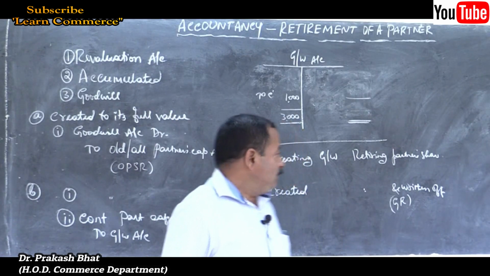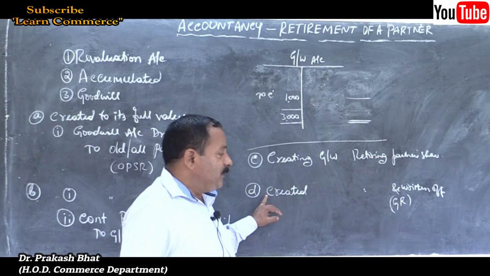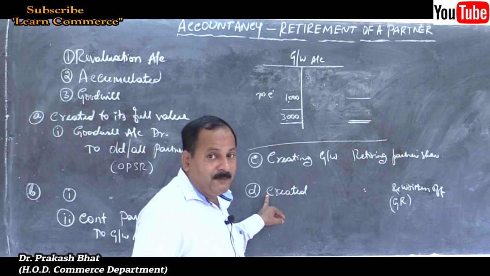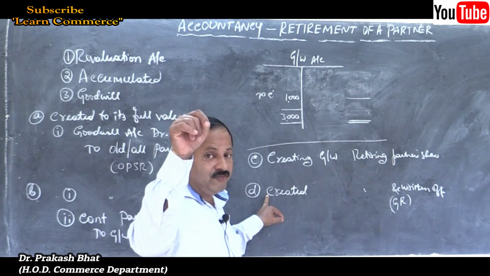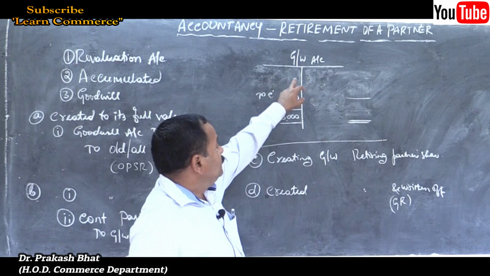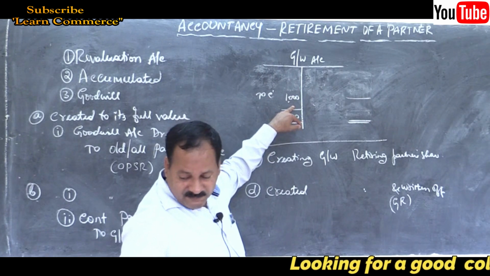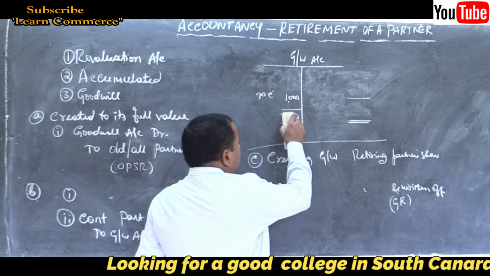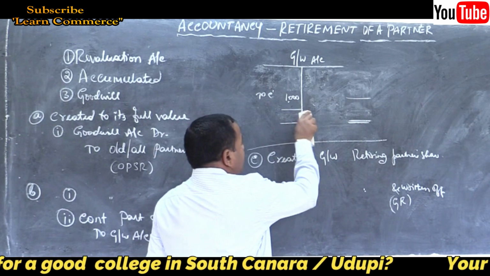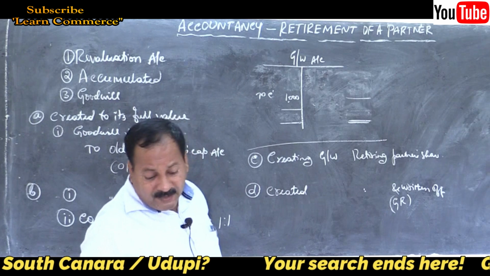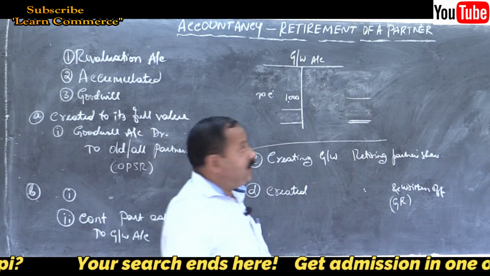Yes, so under the fourth method, goodwill is to be created and written off only to the extent of retiring partner's share. That is what I was telling. So goodwill account debit to C's capital account 1000, then we have to write it off by debiting continuing partners' capital account in their gain ratio.